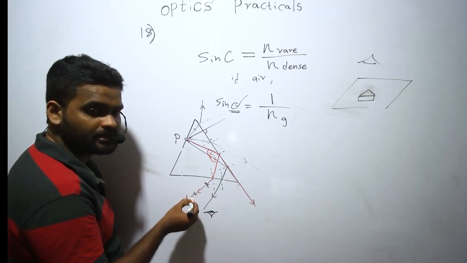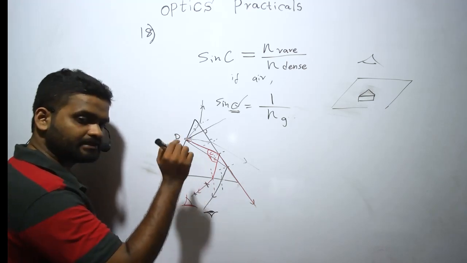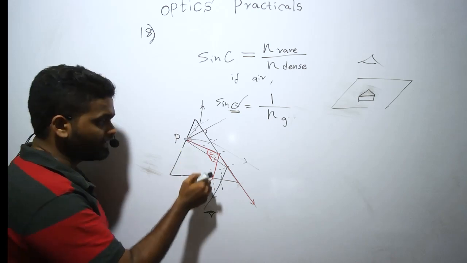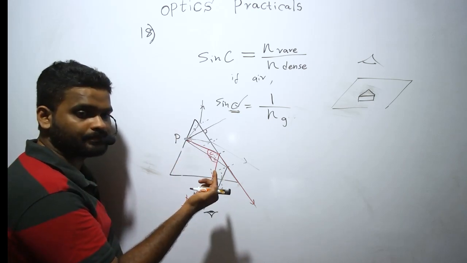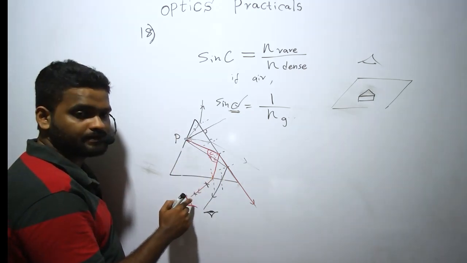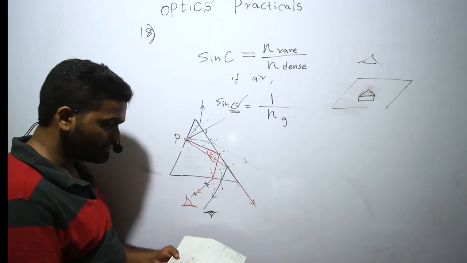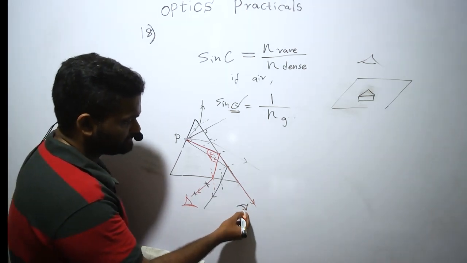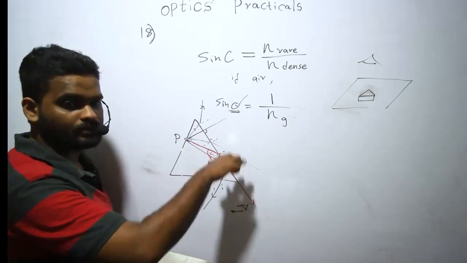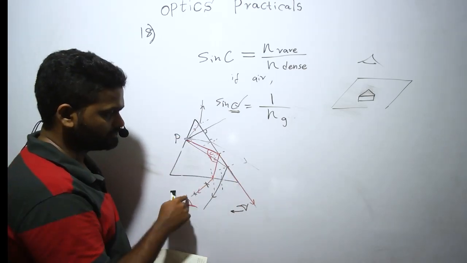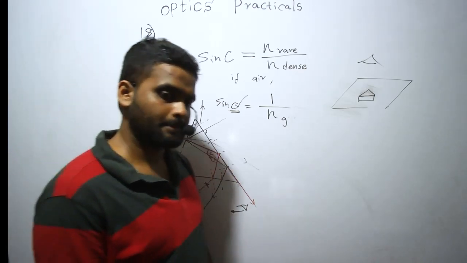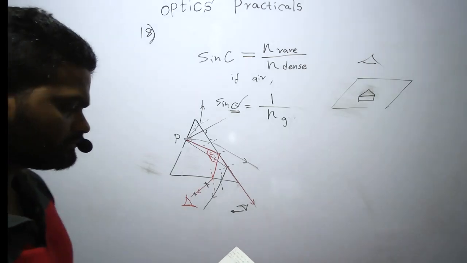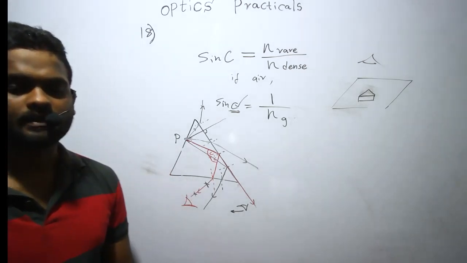You place these optical pins, looking at that instant when the image of P disappears. You place these pins, right? So that is what you do in the experiment basically. Just draw this and use a different color to draw this, right?